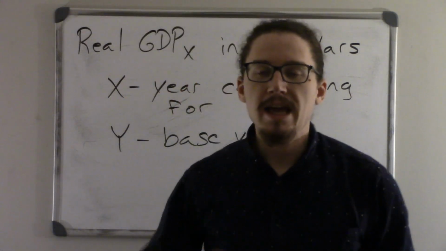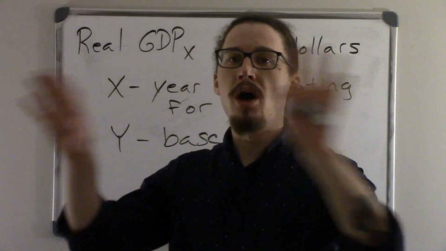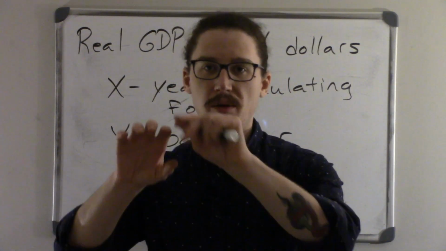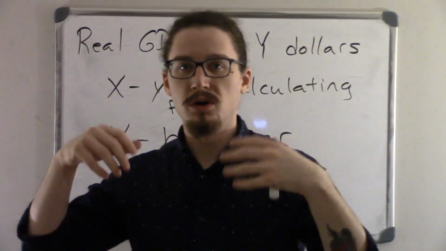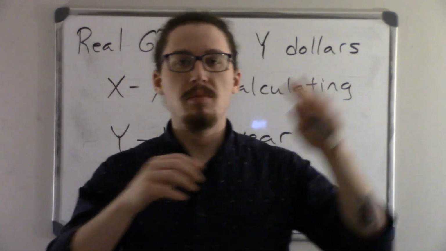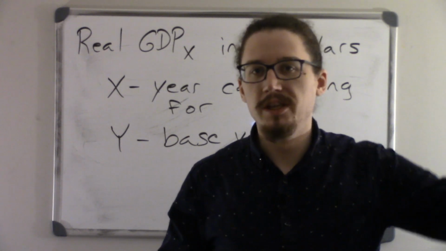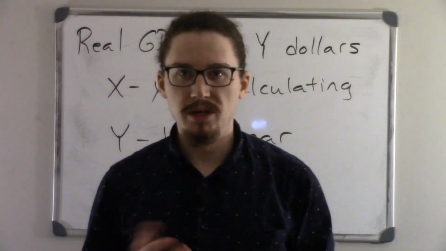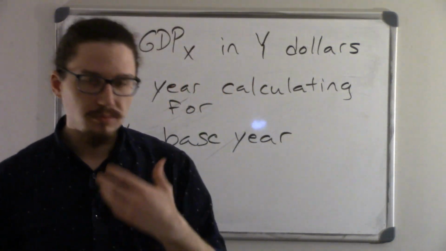Essentially what we're doing when we're getting this real GDP is we're saying, if we had the same production level, we were making the same amount of these goods as we were this year, in the previous year or whatever year we're looking at, in our base year, what would our GDP be?